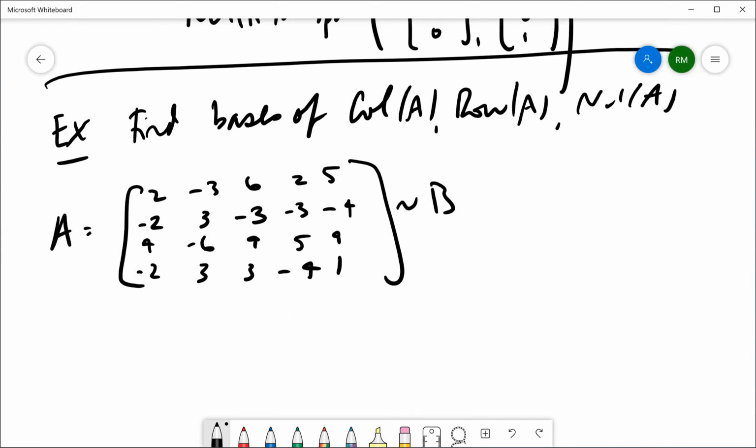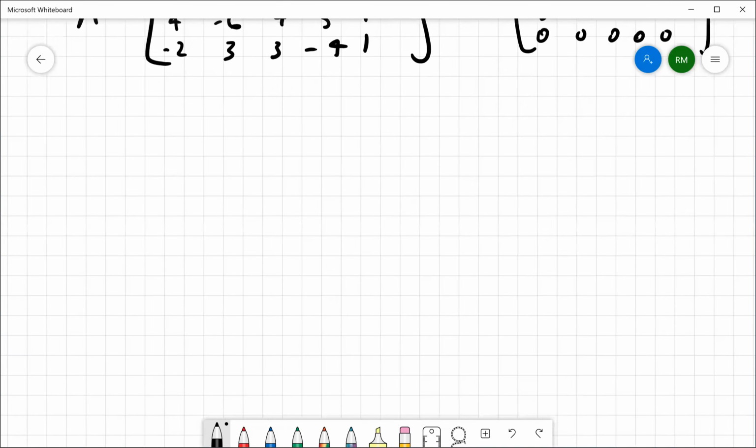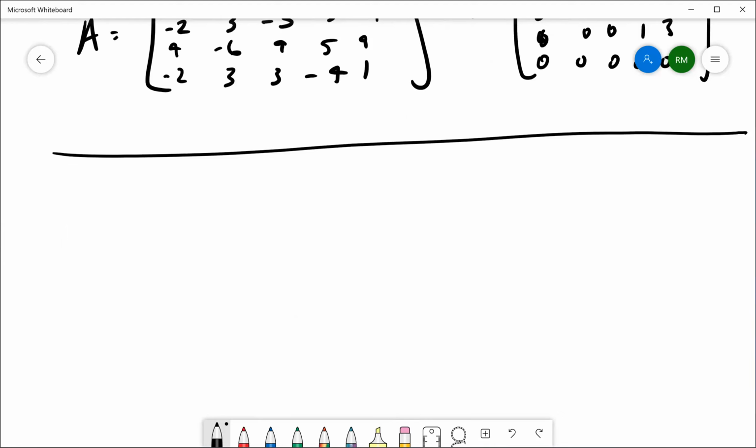That row reduces to B. All right, so go ahead and work that out in your notes. And we'll move on to one last theorem.